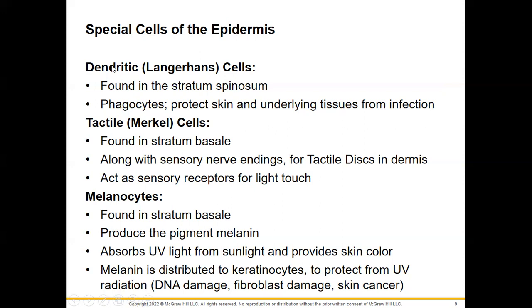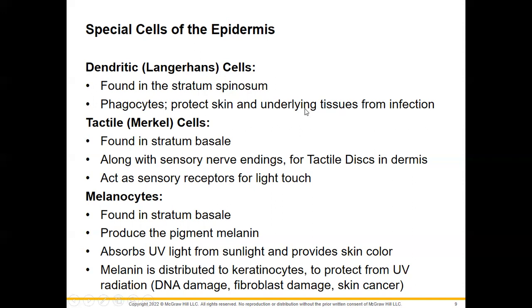So dendritic cells or Langerhans cells, these cells are going to be found in the stratum spinosum layer. They are phagocytes. Remember, phago means to eat. So these are cells that eat. These are cells that protect the skin and underlying tissue from infection.